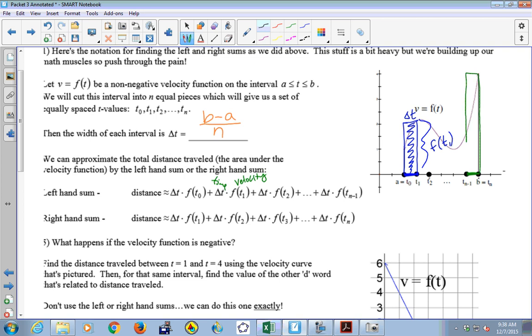Delta t is the width of that rectangle, the time we've been traveling. And then f of t sub n is the height of that rectangle, because we used t sub n, the right-hand endpoint, to get the height. So with the right-hand endpoint, you finish with f of t sub n and not f of t sub n minus 1.